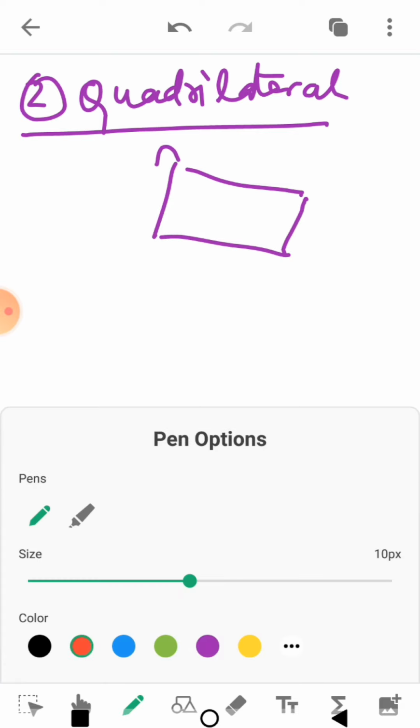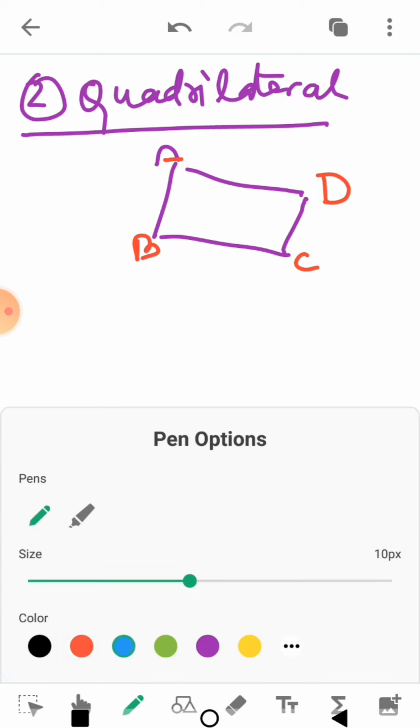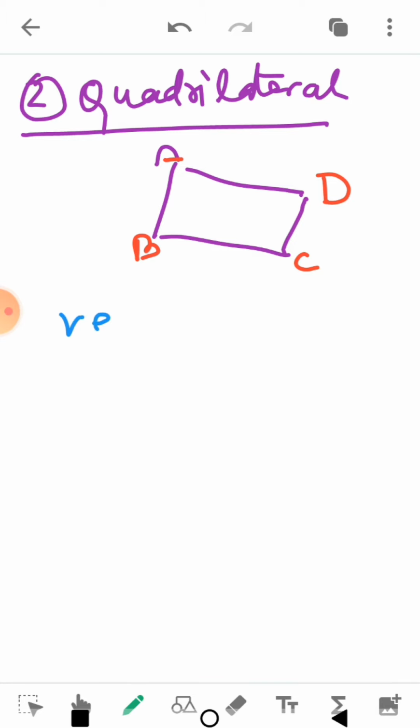How many vertices are there? 4 vertices. It has 4 vertices like A, B, C, D.